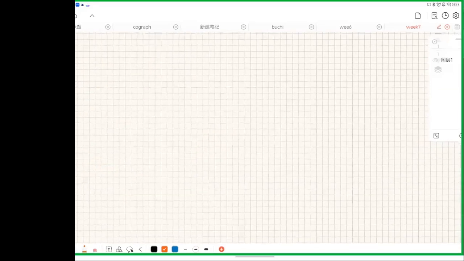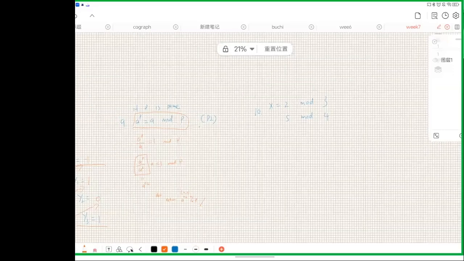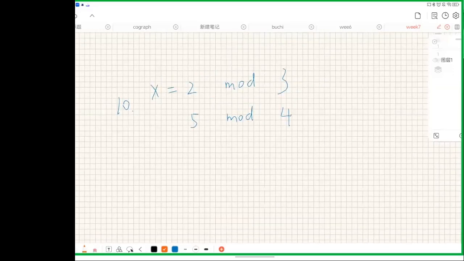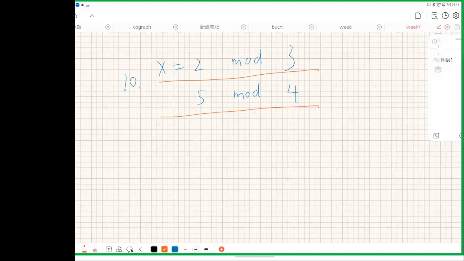Okay, for the next question, if you understand the Chinese remainder theorem, then that would be easy. Let me first remind you of these things. Consider we know x equals 2 mod 3, x equals 5 mod 4. What is x? How can we solve that? Here is the way we do it. We want to separate x into two parts, x1 and x2.